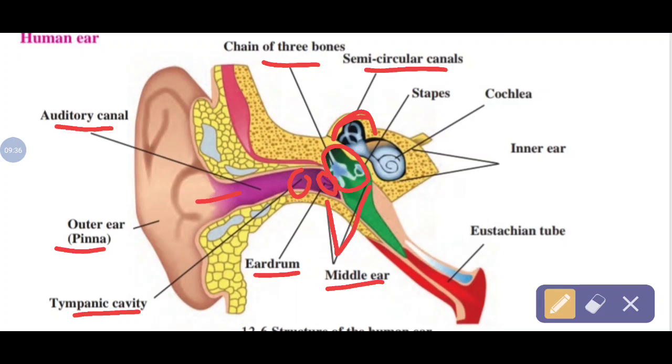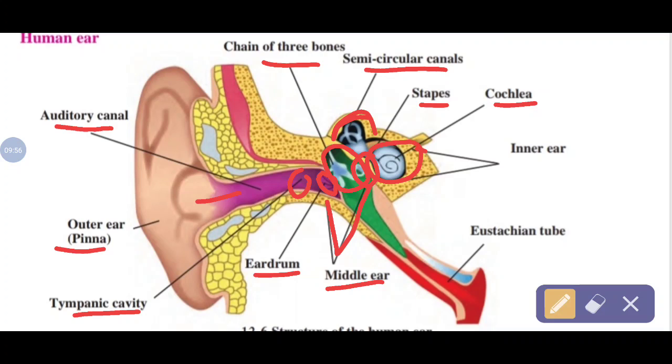Semicircular means a half-circle-like canal is showing. Then stapes, this little part is showing here. Then cochlea, the shell of a snail, like that showing there.